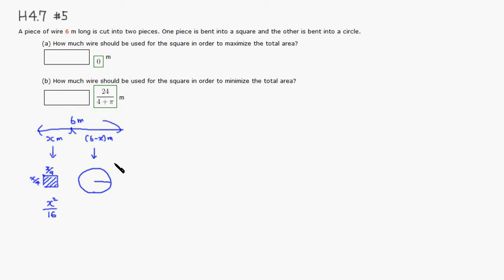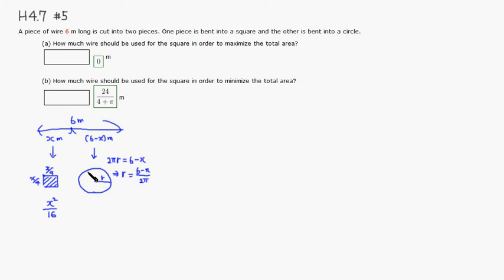The circumference of the circle is 2 pi r, and this has to be equal to 6 minus x. So we can see that the radius r is going to be (6 minus x) over 2 pi.